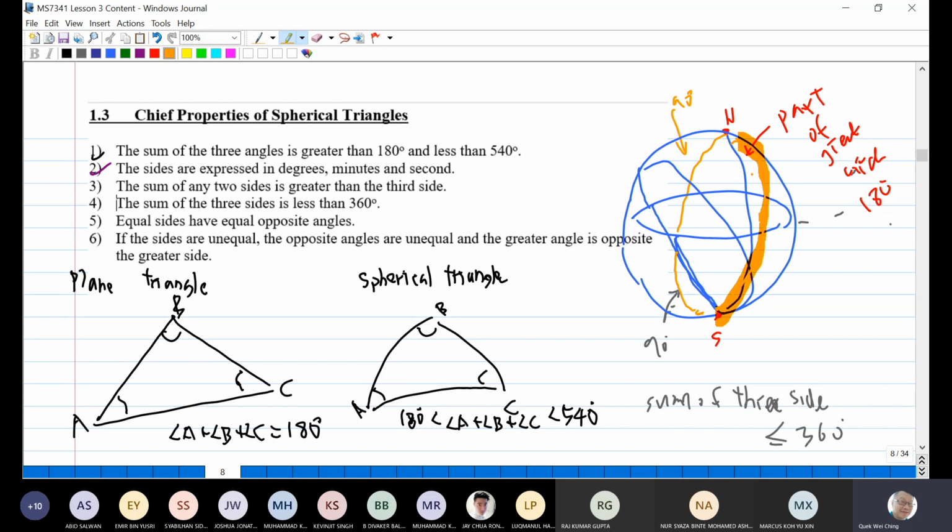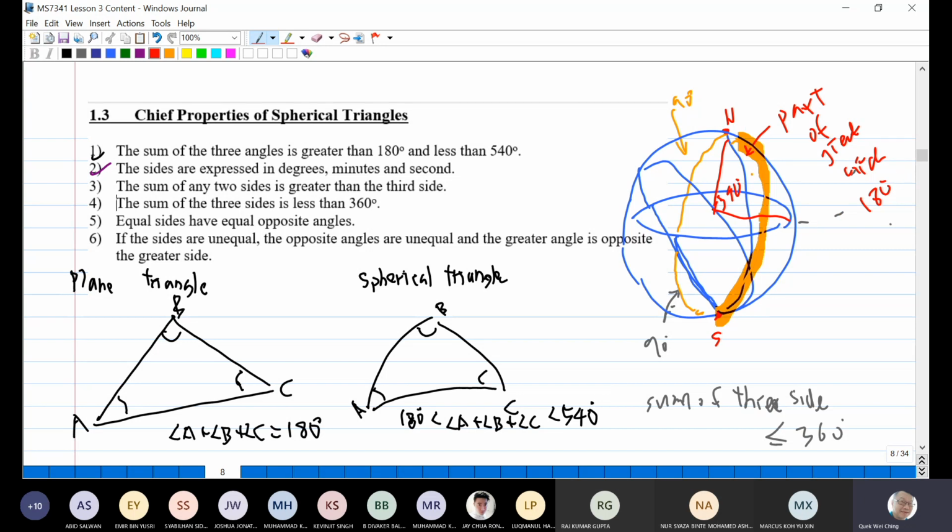Because this angle is 90 degrees, you can see this is 90 degrees here. North to south is 180 degrees, right? So this is one part of the great circle. So this is one side, one part of the great circle, 180 degrees, like I said, right?